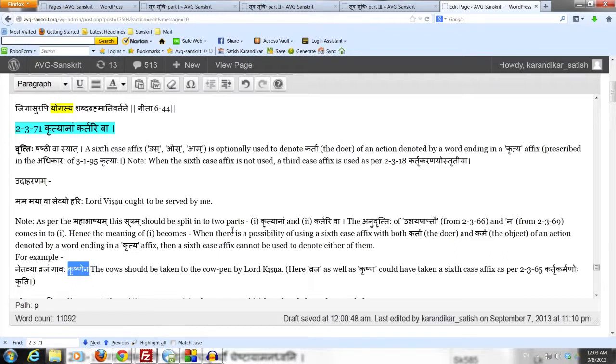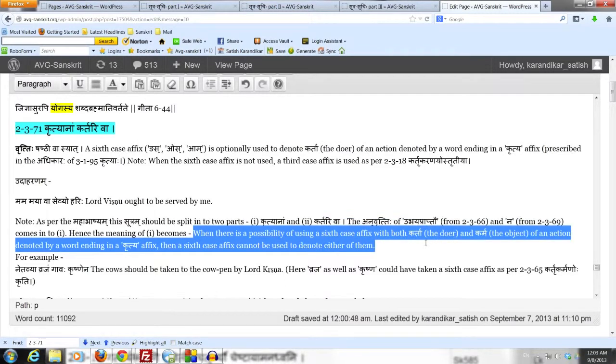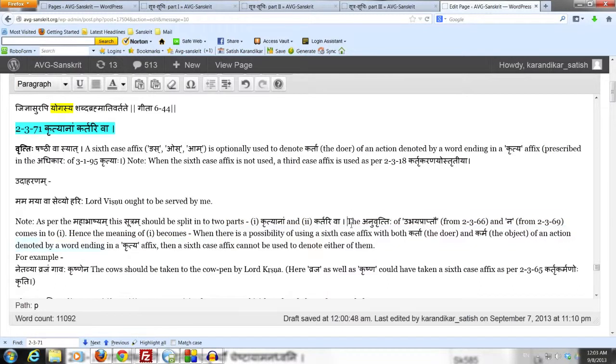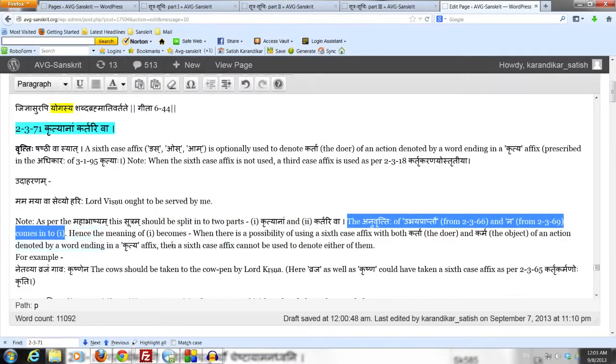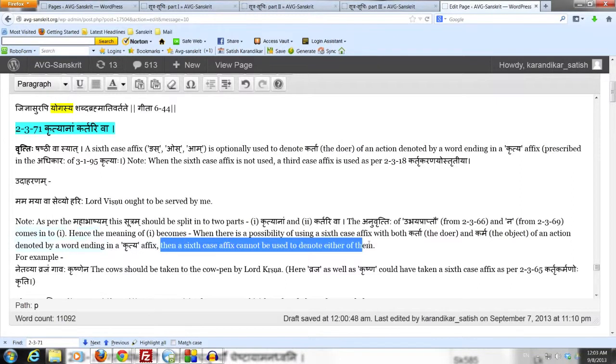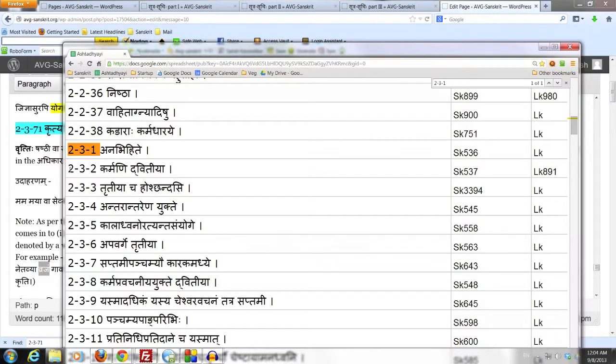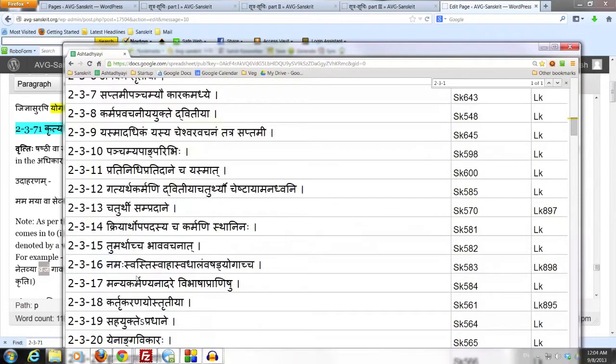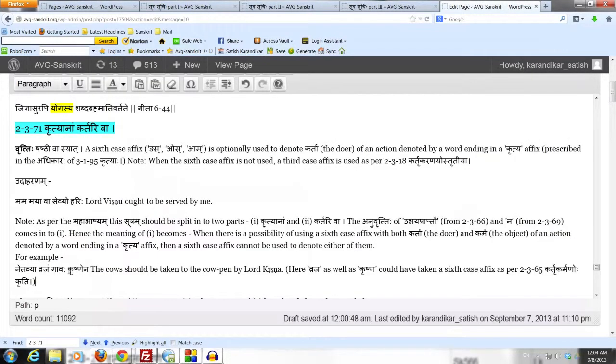When this is the situation, then by this split sutram krityanam with the anuvritti of ubhayaprapti and na, we don't apply the sixth case affix to denote either the doer or the object. So neither vraja nor Krishna takes the sixth case affix. Then what happens? Of course, by 2.3.2, Karmani Dvitiya, vraja takes the second case affix, and as per 2.3.18, Kartri Karanayo Tritiya, Krishna takes the third case affix.